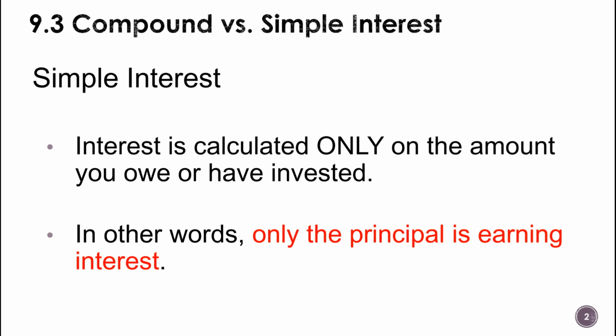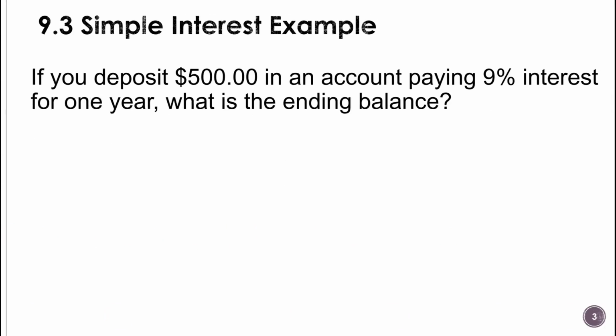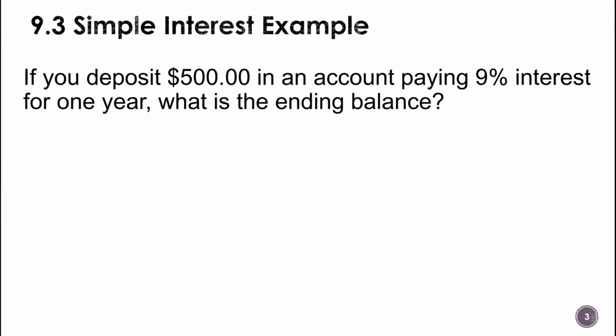So when we calculate simple interest, it's only on the amount owed or invested, and only the principal earns interest. And so that's like we've already been working with this, right? I equals PRT.